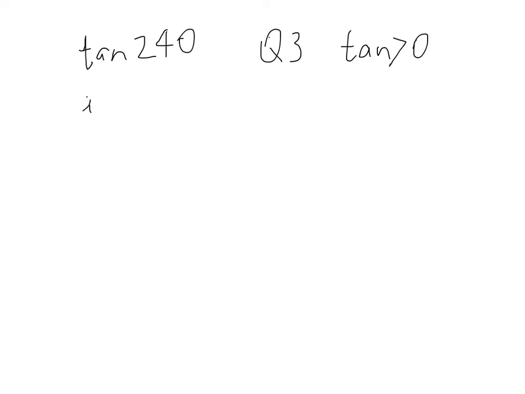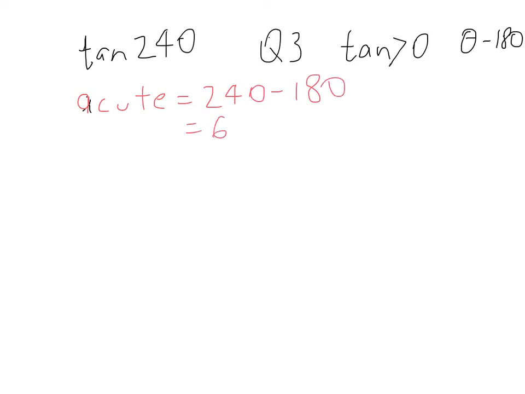What's our acute angle here? Well, we did theta minus 180, take off that straight line when we're in the third quadrant, so my acute angle is 240 minus 180, which is 60. So we know that in some way the tan of 240 is equal to the tan of 60.